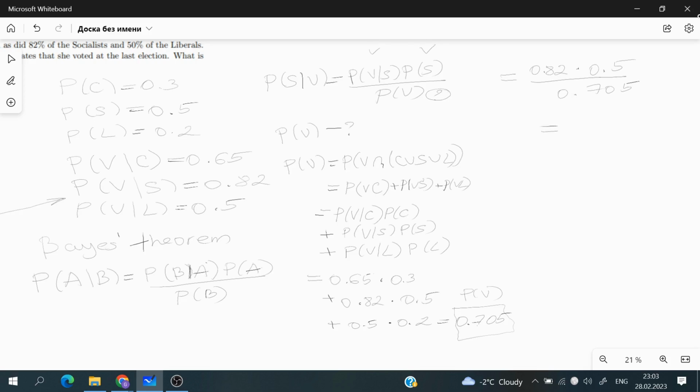Let's use our calculator and find that this number equals 0.5816. So almost 0.6, and it means that there is a 60% chance that the person was a socialist.